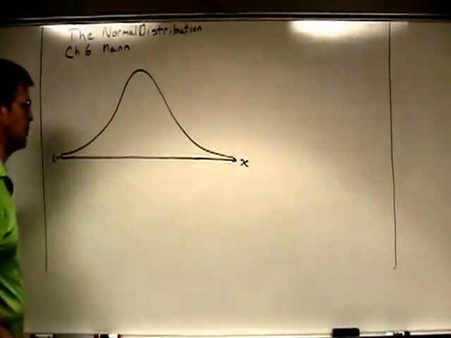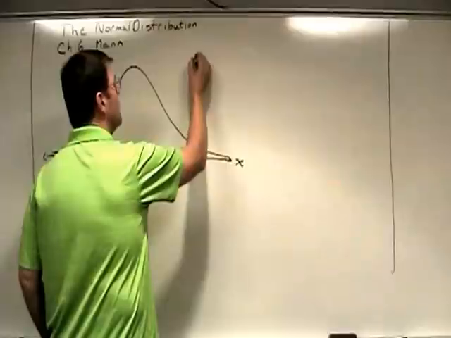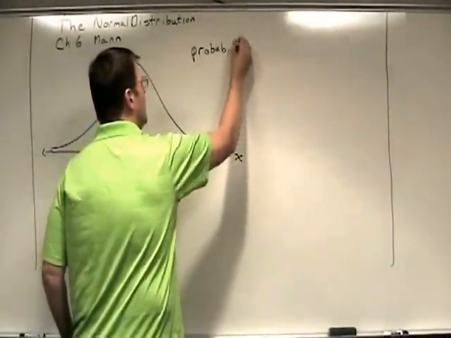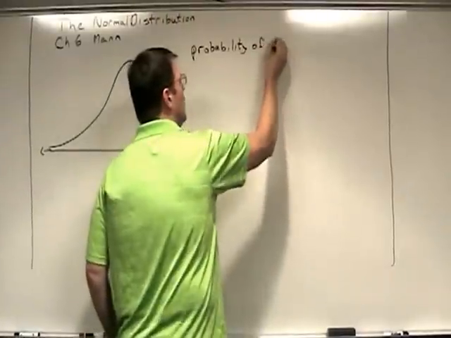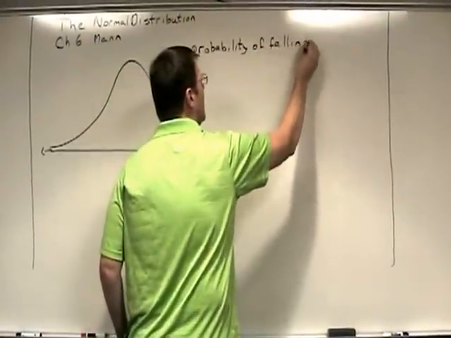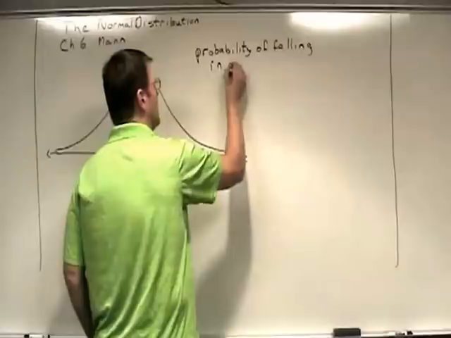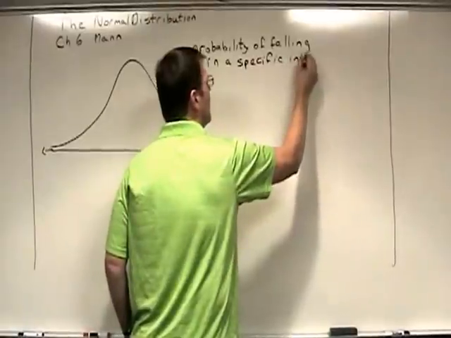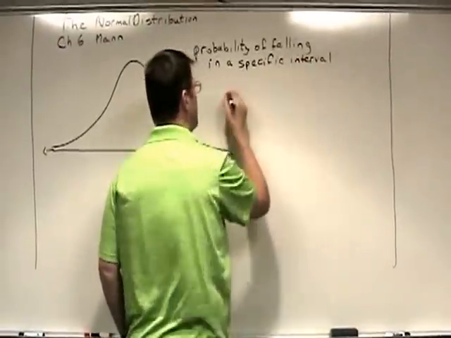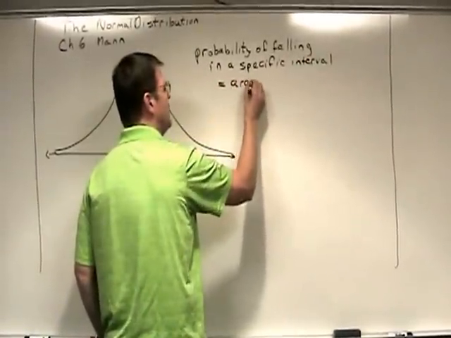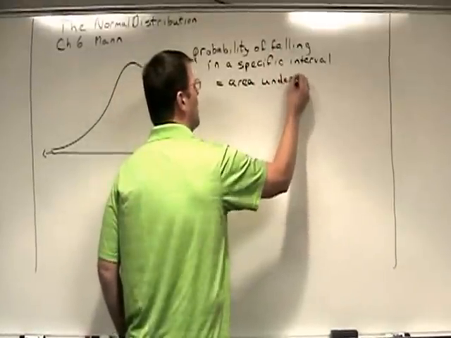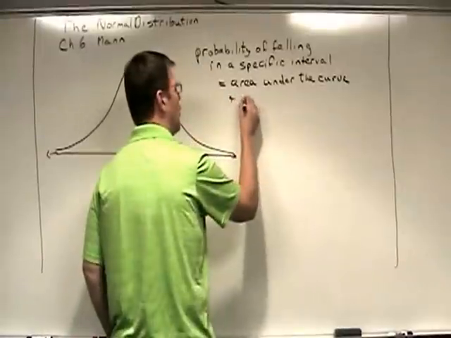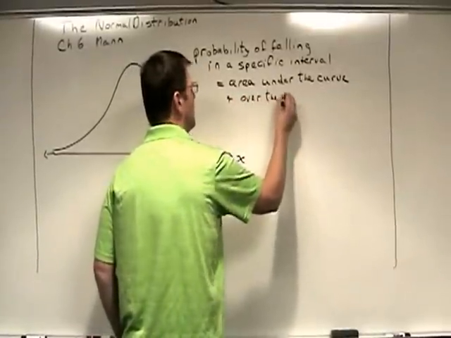And some basic properties here. First off, the probability of falling in a specific interval is equal to the area under the curve and over the specified interval.